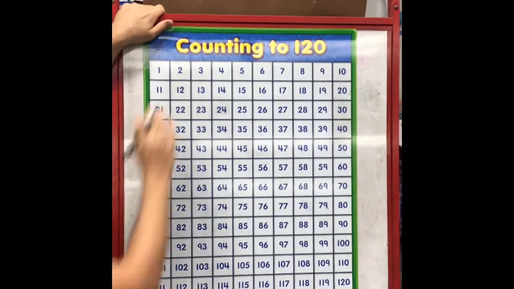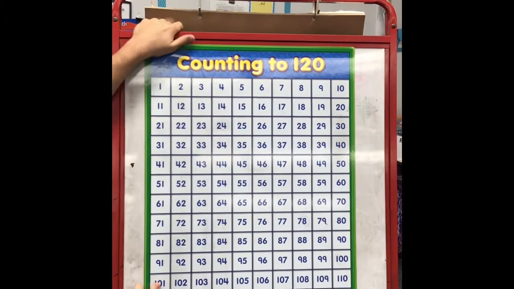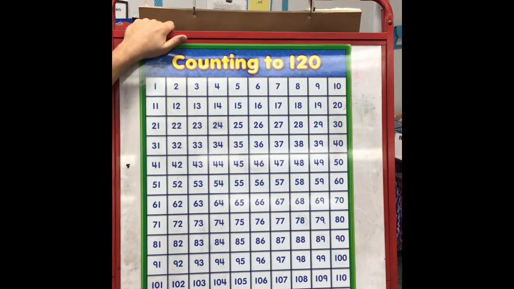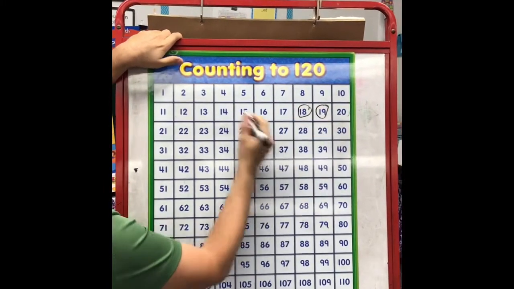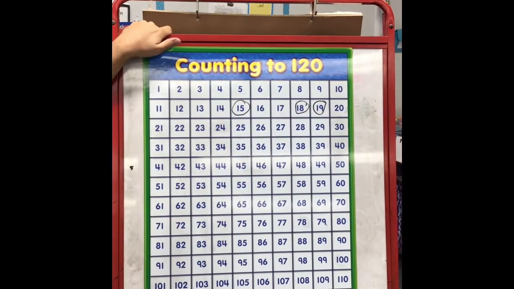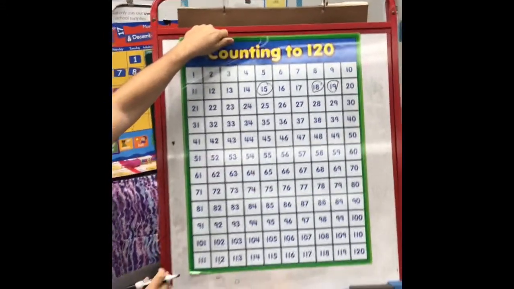So we're going to be talking around this area this week. We're going to be hitting each one of these numbers and how they look and how they are spelled. Today we're doing these three, 19, 18, and 15. Those are the ones that we're going to be looking at, okay?